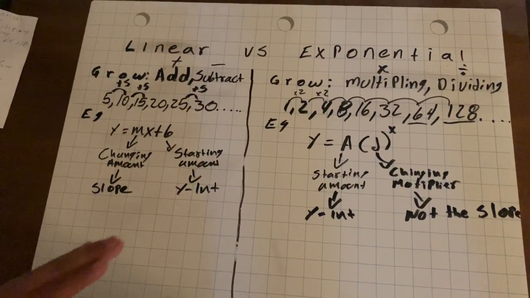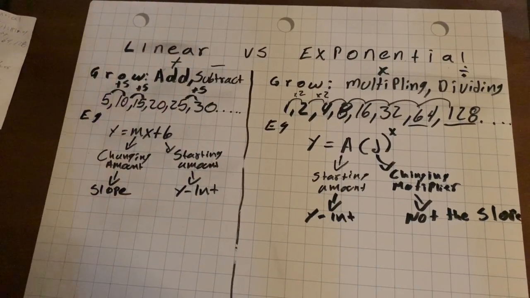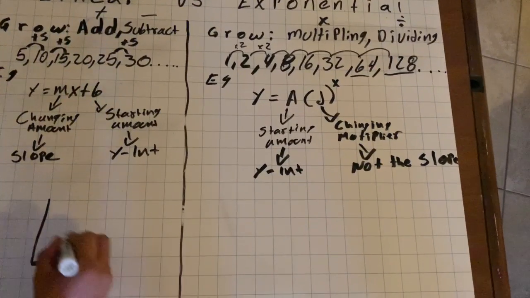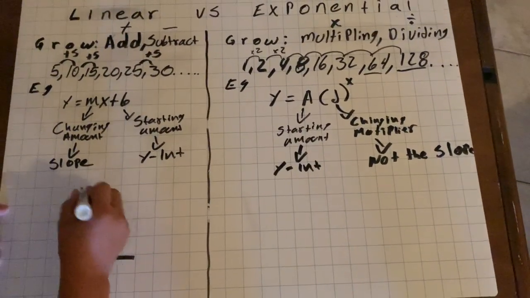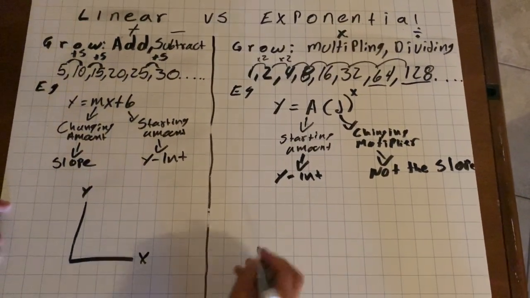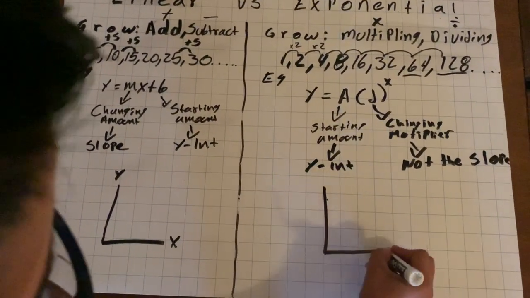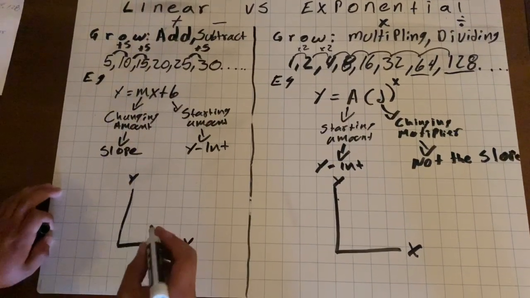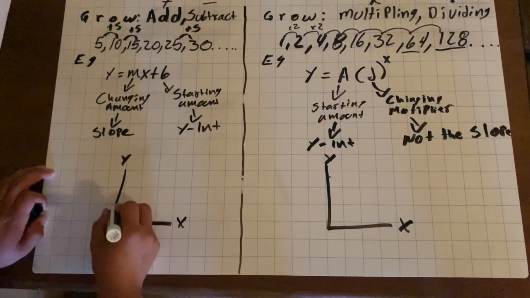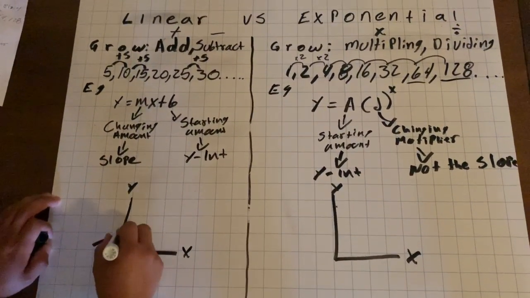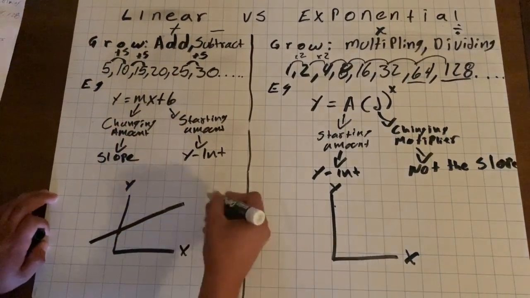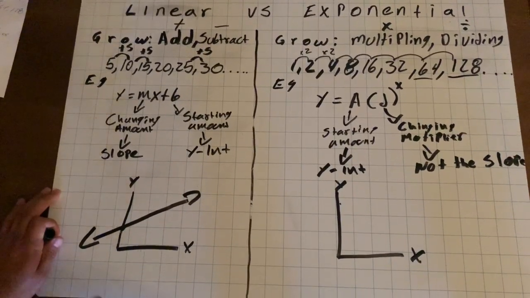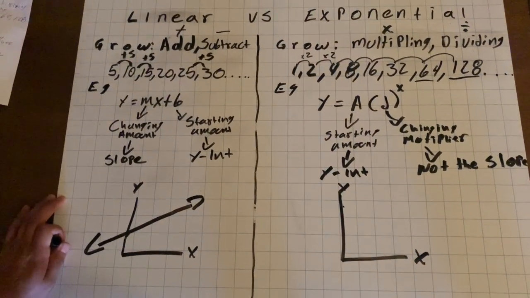This is where it gets really interesting, as I'm going to show you the graph of how linear would look. Remember your x and y, and how to label them. A linear is continuous, so it's going to continue by 5 by 5. You're going to see a graph that looks like this. It's just going to have a slope going up.